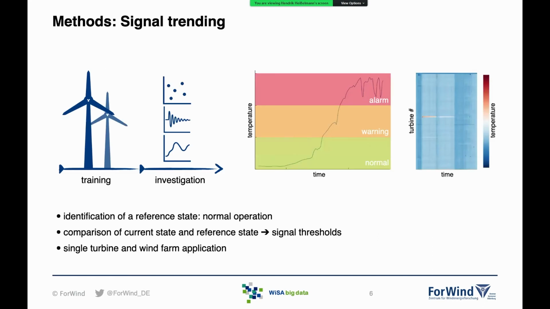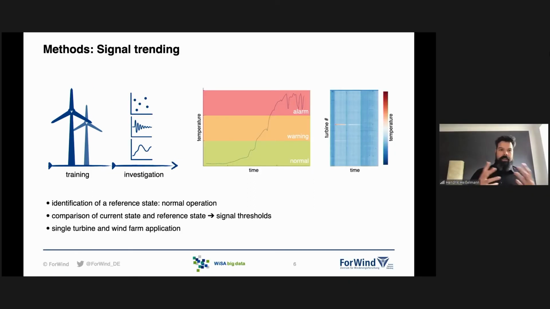So once we have this, we can apply different methods. And in our project, we used 6 or 7 different methods which we want to evaluate. I'm just showing a couple of these. One method is signal trending, where we basically take data for a single wind turbine or data for a wind farm, and we split the data into a training data set and an investigation data set.